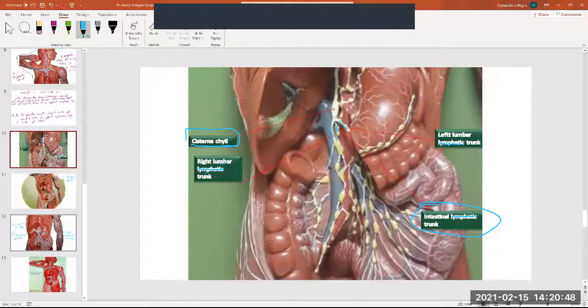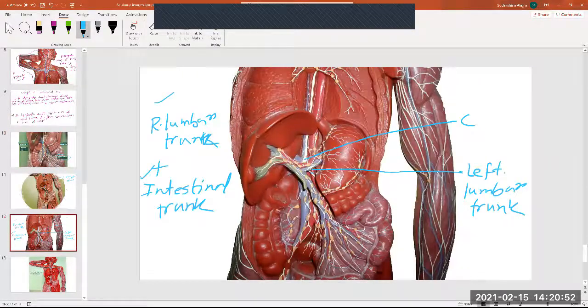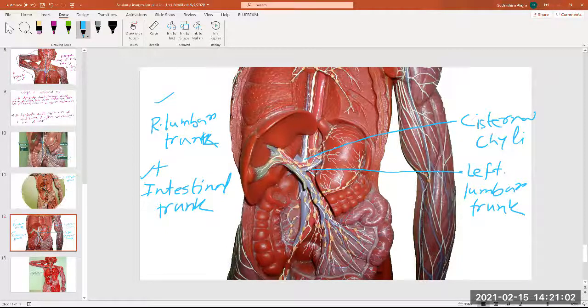Compare here. See that? The entire cisterna chyli with some of the organs removed. Here you are looking at the same, but you got the hepatic portal circulation part. So this is cisterna chyli. Okay.